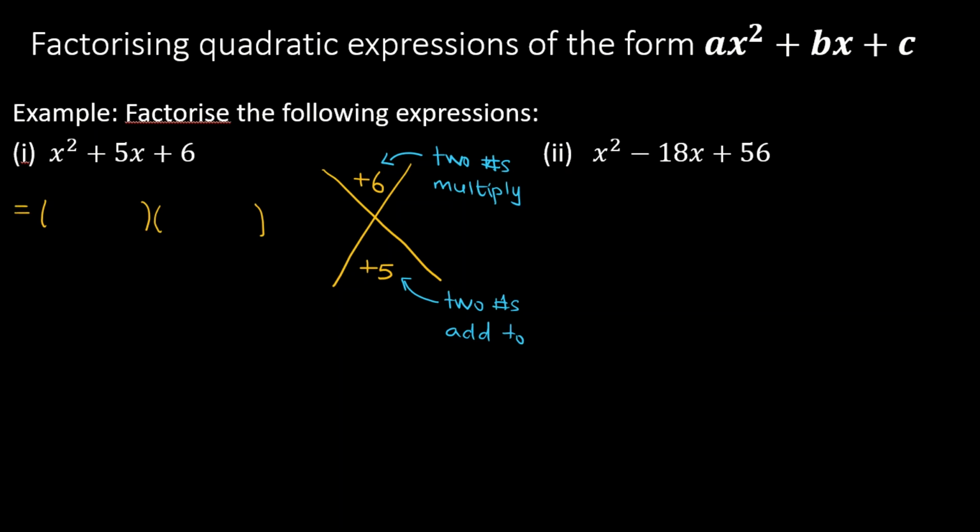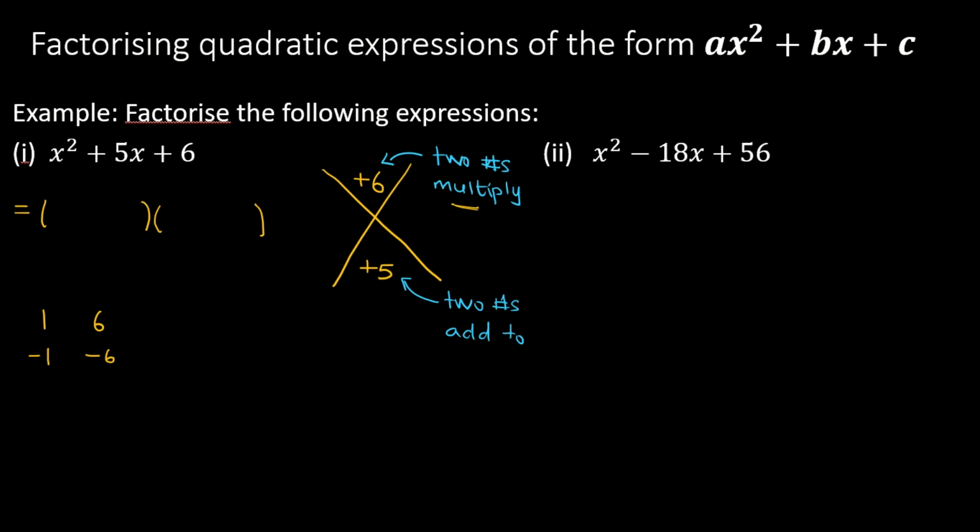Let us write down the possible combinations. Let us consider multiplication first. So what are the two numbers which, when you multiply, you obtain positive 6? We have 1 times 6. Oh, 6 times 1. It's the same thing. The second possibility, negative 1 times negative 6.